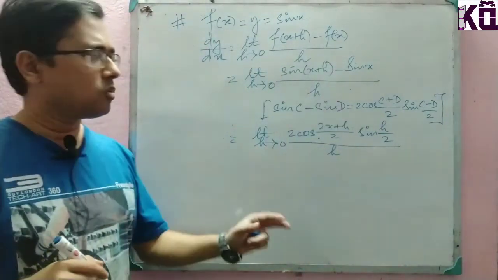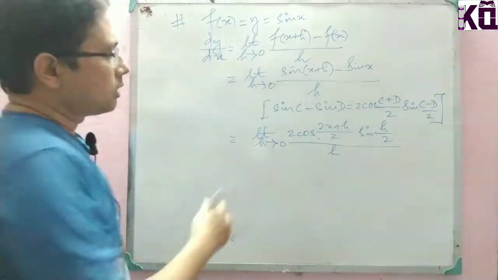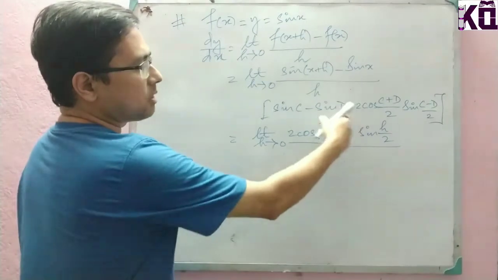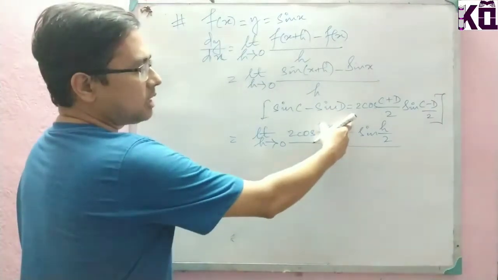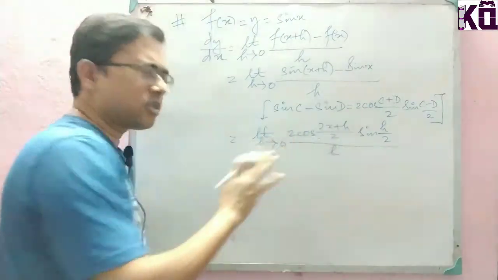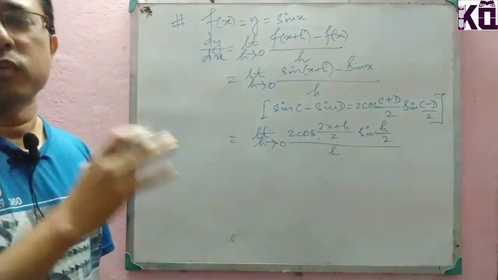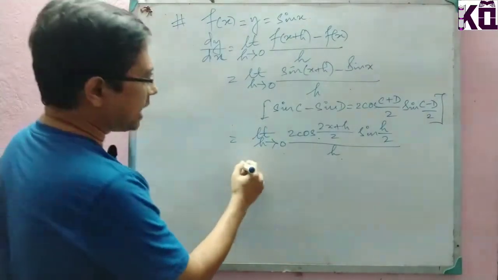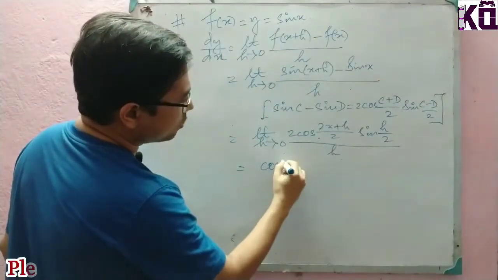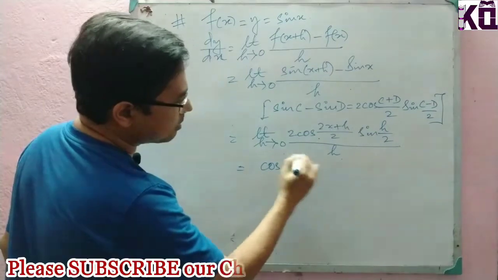Okay, now what happens here? If I put h as 0 in this cosine function, the 2 and 2 cross out, and we get cos x. So that is not undefined, that is a real term. So cos of 2x by 2 becomes x.